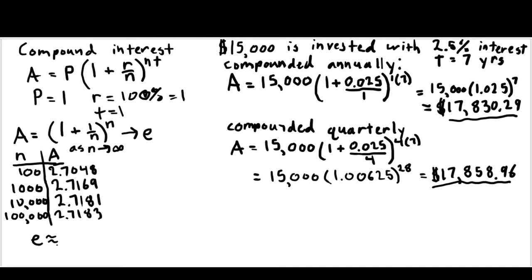And e is used in a lot of applications that involve exponentials. It's an irrational number. It's approximately 2.71828, and so on and so forth.